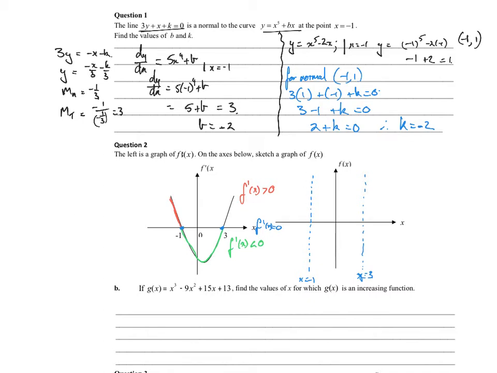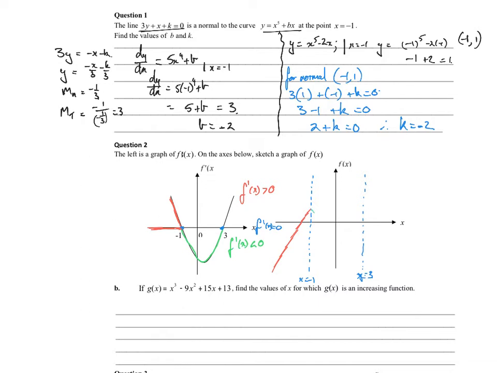So the gradient is positive to the left of -1. So to the left of -1, I have a positive gradient. So maybe it looks a little bit like that. Okay, we get to -1 and we're at 0. In between -1 and 3, my gradient is negative.